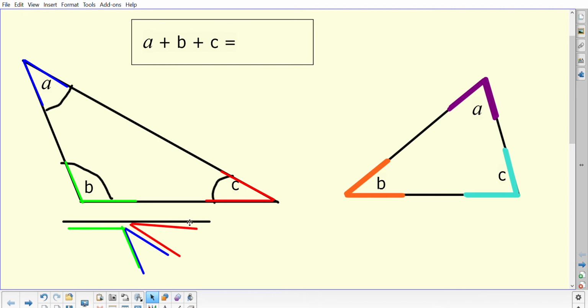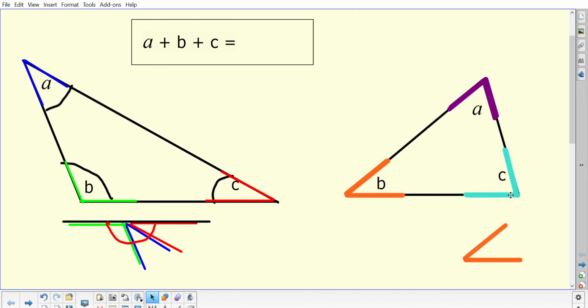My diagram here is probably a wee bit tricky to manoeuvre, but if you were doing this practically, you could tear off the corners. You could show that all of the angles, no matter what size they are, will fit together to make a straight angle in this way. And this other triangle, do the same thing here.